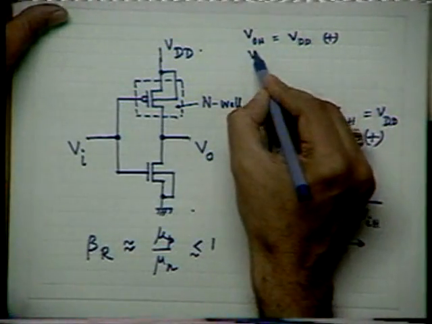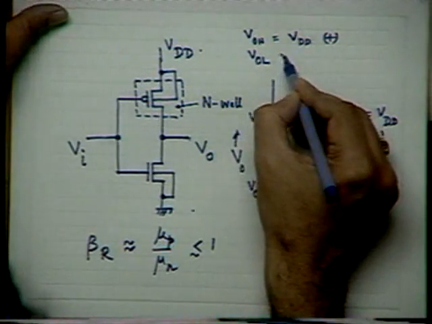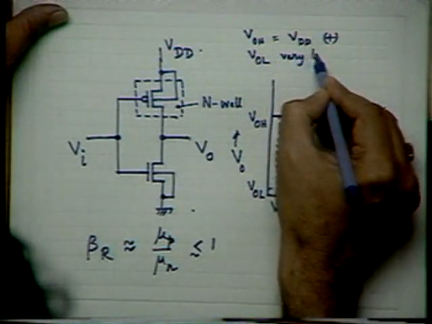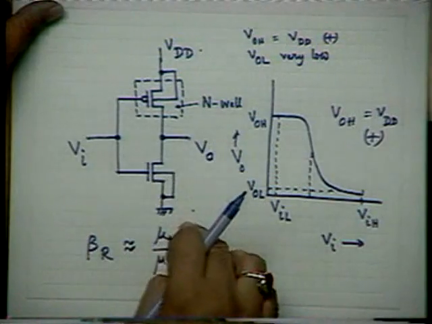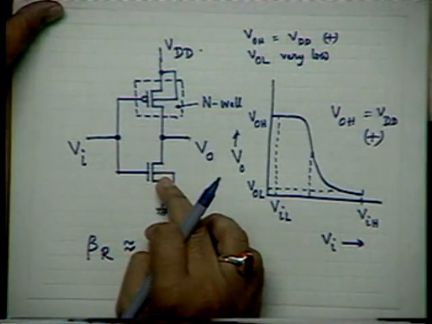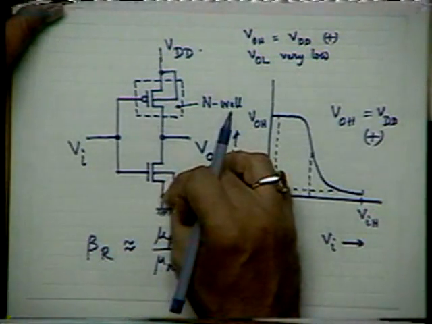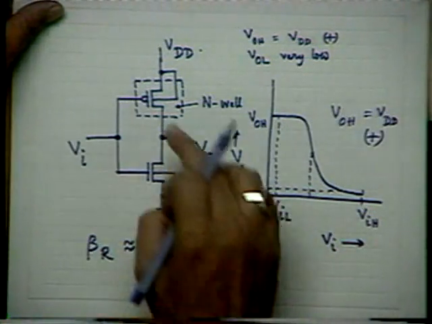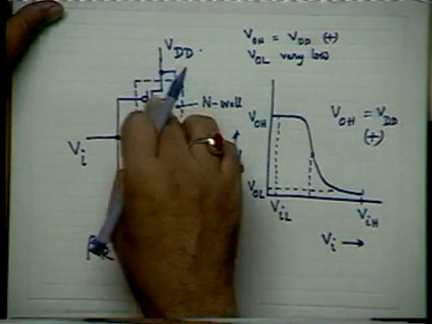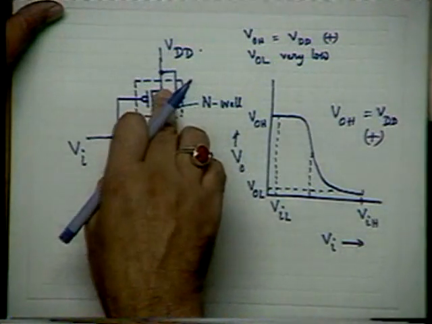Logic swing, VOL can be very low. That means this transistor can be properly designed so that the entire charge gets discharged. So the voltage falls down to almost 0 volt, because this becomes off, isn't it? When this is on, this is off.